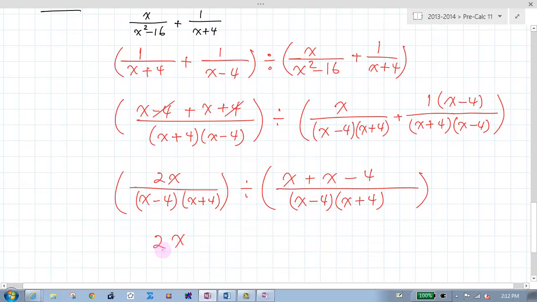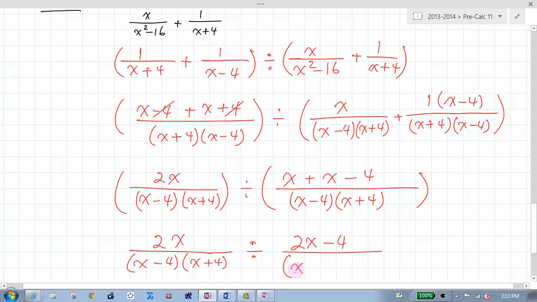So 2x over x minus 4 times x plus 4, divided by 2x minus 4 over x minus 4 times x plus 4.